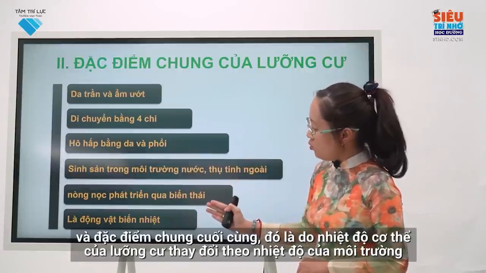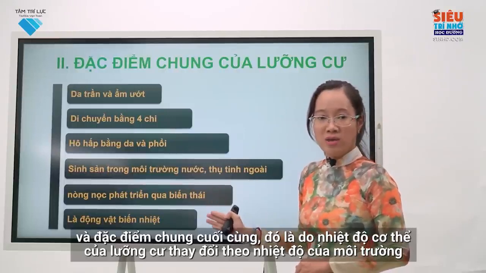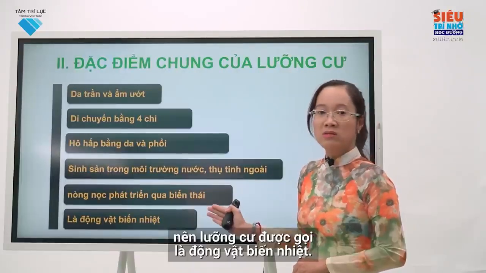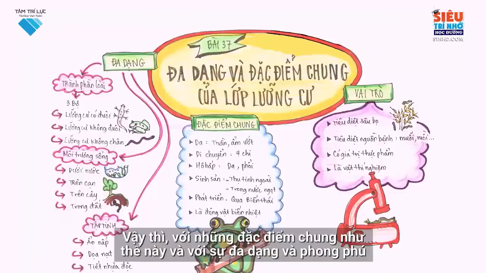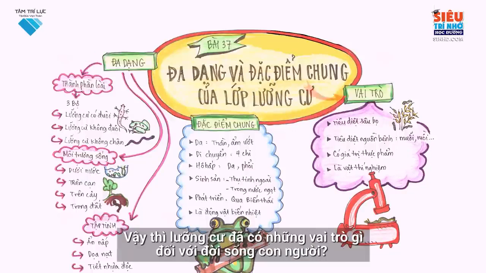And the last general characteristic is that because the body temperature of amphibians changes with the temperature of the environment, amphibians are called ectothermal animals. So, with general characteristics like these, and with the diversity and richness of species composition in terms of quantity, habitat, and behavior, what roles do amphibians play in human life?